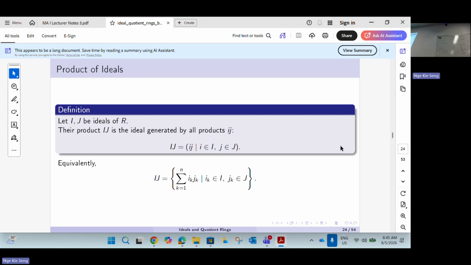That is the combination of IJ, you need to consider the sum. So the R here is commutative.